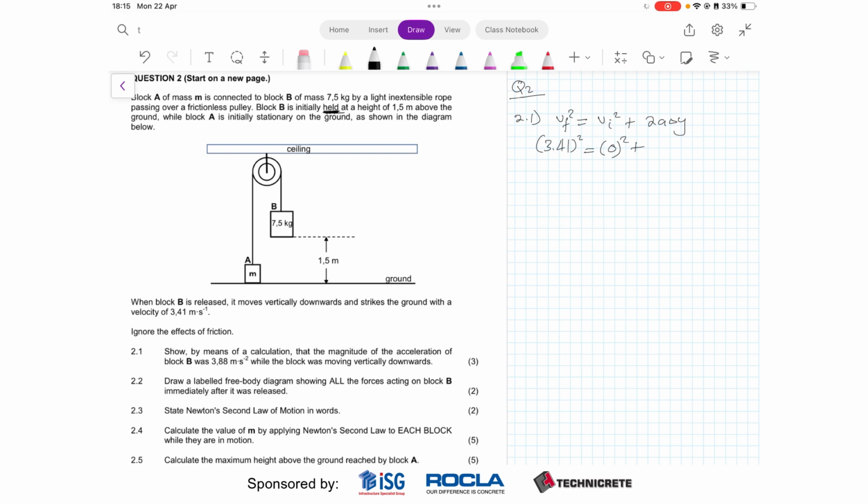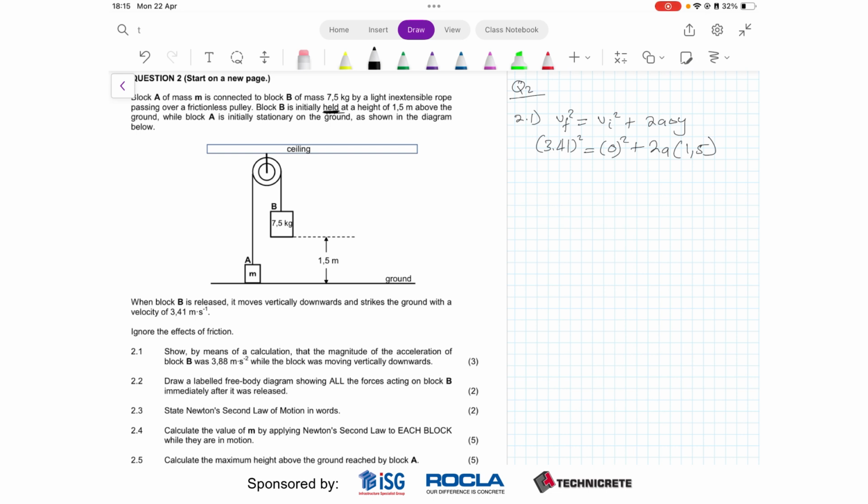Squared plus 2a into 1.5. Remember, we have chosen downwards as positive, and the direction in which B is moving is downwards. That's the 1.5 is downwards, okay?